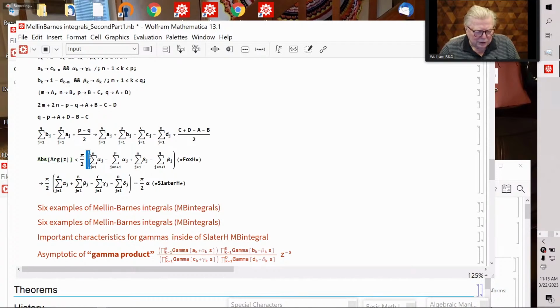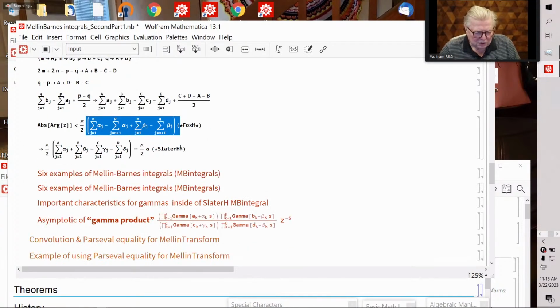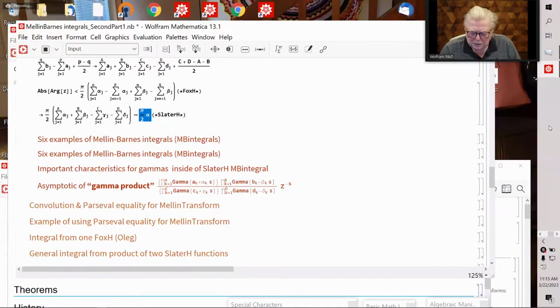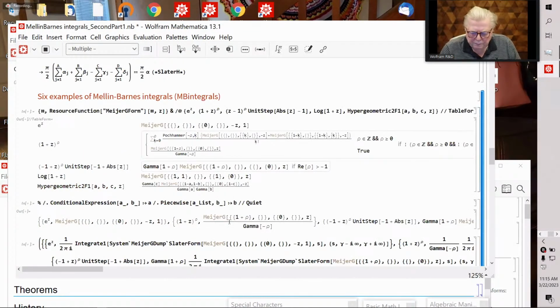But in theoretical literature, we see such type of restrictions, and this restriction can be written in the form of Slater. Alpha is from Dixon Ferrari. I have it in this notebook.